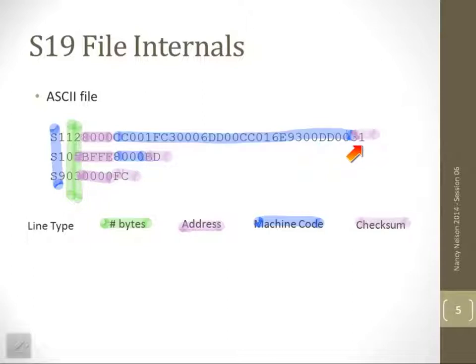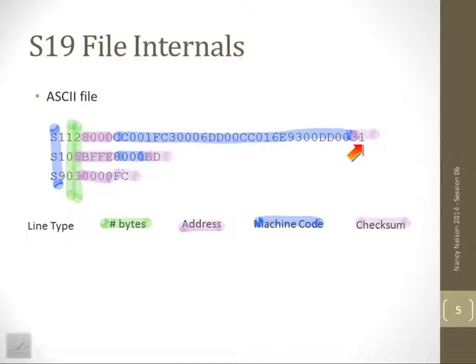When the file is received at the platform that's going to actually run the program, it does the same arithmetic to make sure that when it does that same process, it gets a 31 there. If it doesn't get a 31, it means maybe there was a problem in transmitting. So maybe this DD didn't come down as DD, it came down as DB, or something like that. That simple way of checking ensures the integrity of our data.